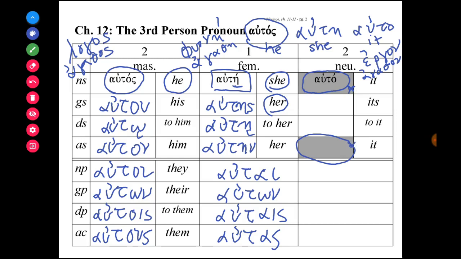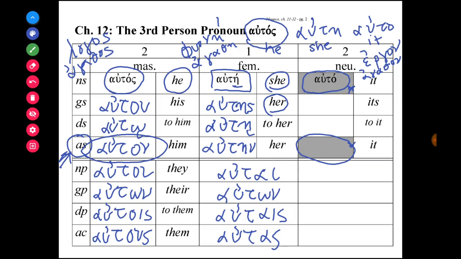You don't have auton for the nominative singular neuter form, primarily because the neuter noun wants to be able to distinguish itself from the accusative singular form in the masculine nouns. And so to distinguish itself so that you know it's a neuter noun, not a masculine accusative singular noun, we have auto, and the nu has been dropped.